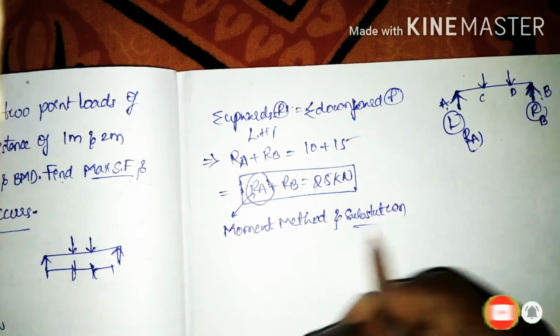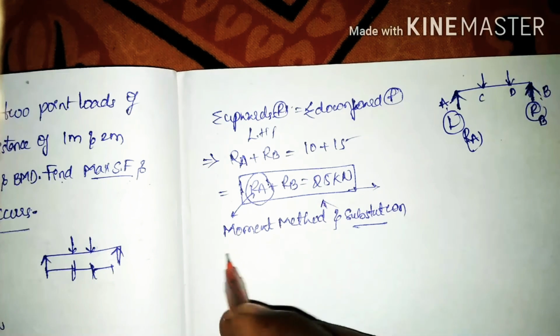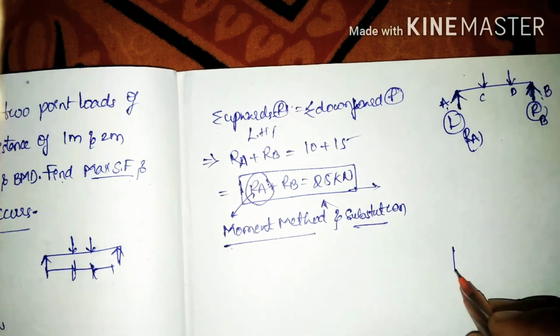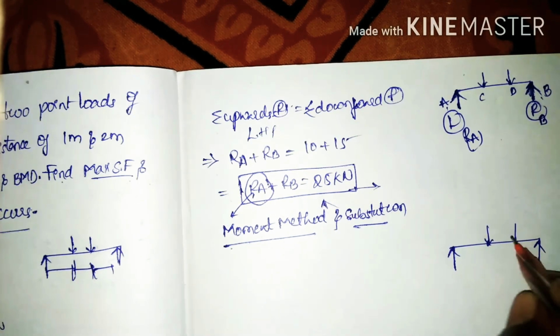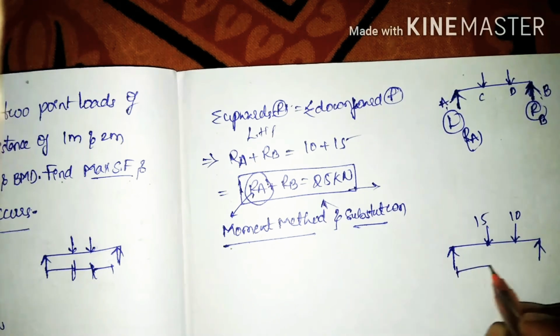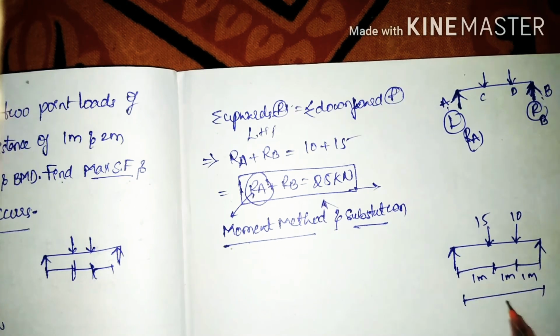We are going to use this equation to find out the individual reactions. First, for the moment method, here we are having the loads. This is 15 and this is 10 with 1 meter, and this is also 1 meter. Now this is 1 meter, the whole span of 3 meters.